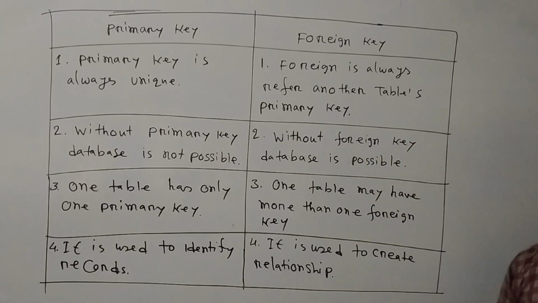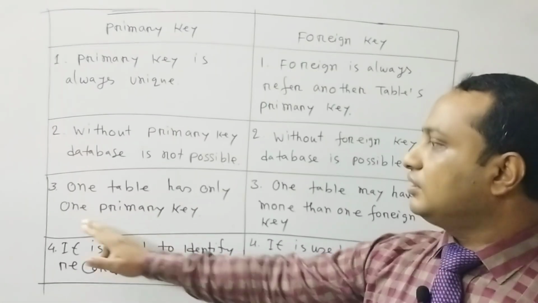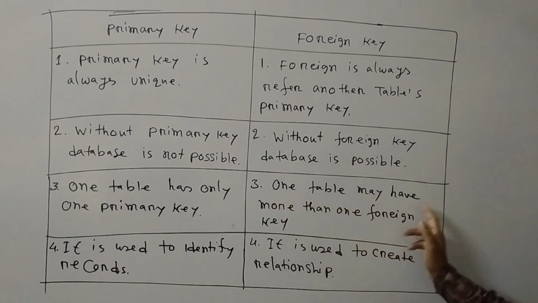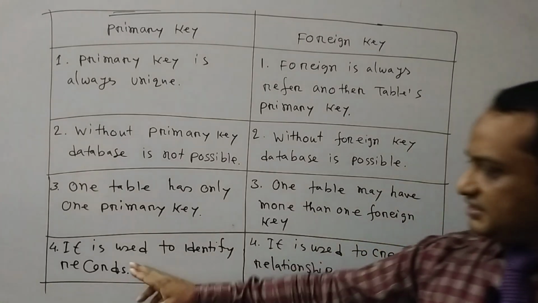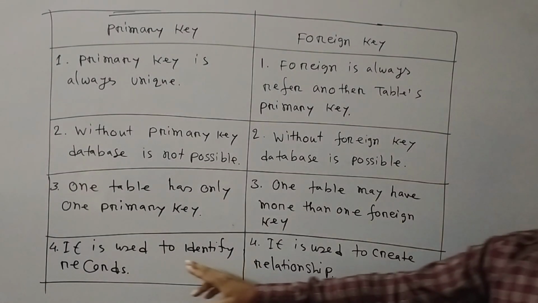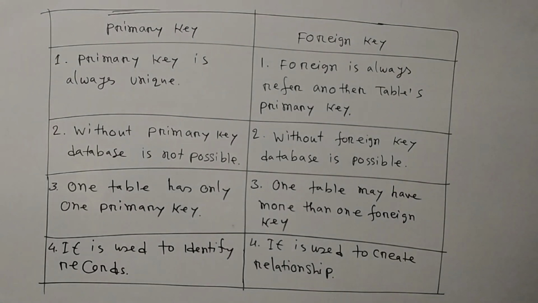This is not essential. And next one is, one table has only one primary key. More than one primary key is not possible in one table. But one table may have more than one foreign key. Primary key is used to identify a specified record or specific record. Foreign key is used to create relationship from one table to another table.